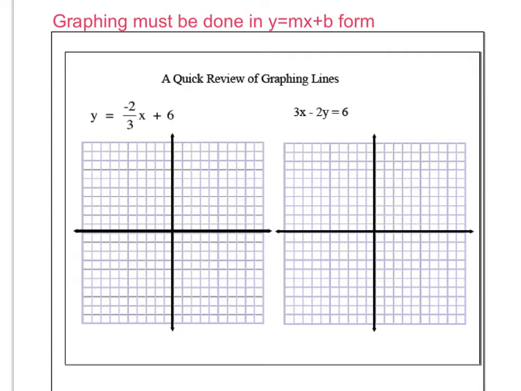So if you're looking at the first example, example 1, right here, we've already got it in the y equals mx plus b form. Here is our m, here is our b. Remember that m is our slope and b is our y-intercept, where it intersects the y-axis.